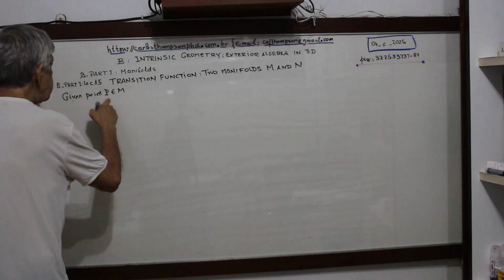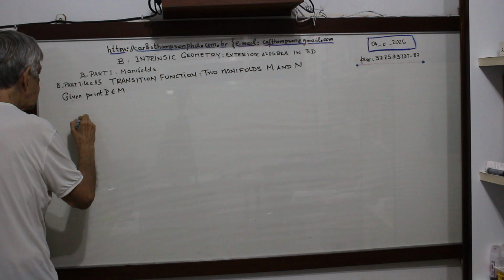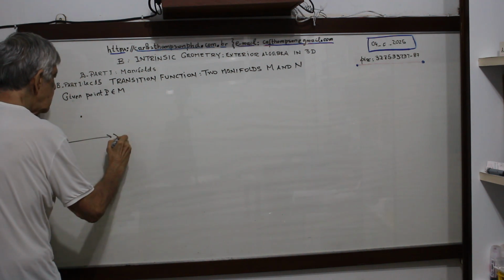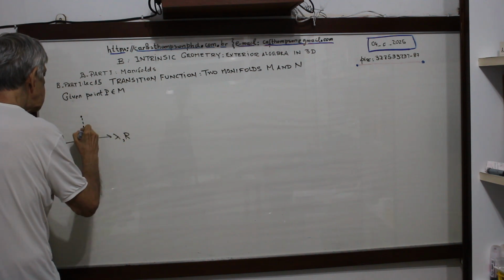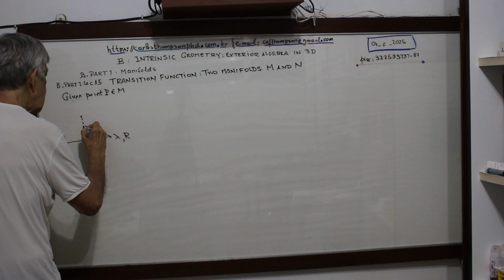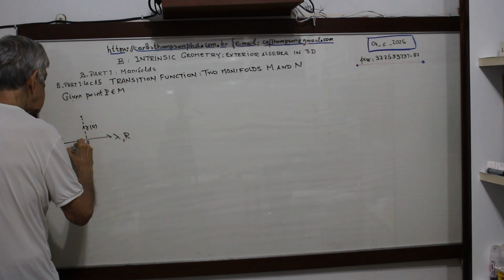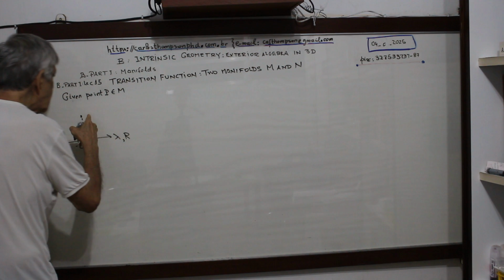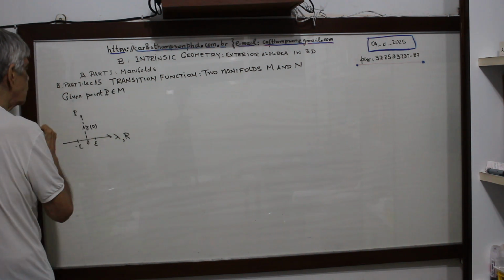You see, this point here. Recall, I have a point here, I have the scalar lambda, the real number. I have this function gamma of lambda. This is 0, this is minus epsilon, this is plus epsilon. And these are the coordinates of the point P belonging to the manifold.